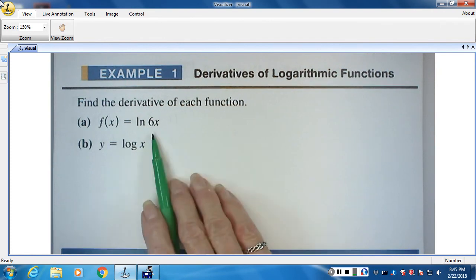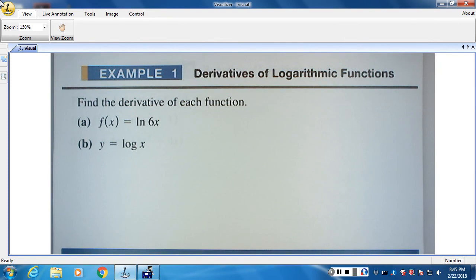But here is the natural log of 6x. That means we're going to follow this formula right here.